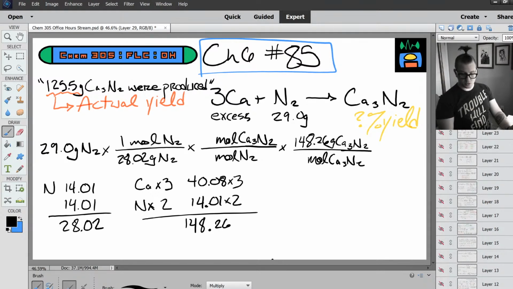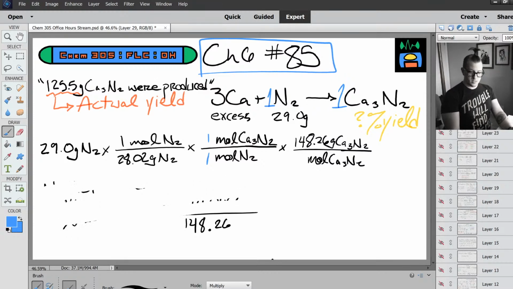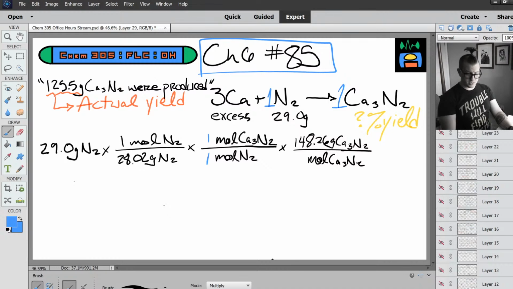In this balanced chemical equation, 1 mole of nitrogen produces 1 mole of calcium nitride, so this is a 1-to-1 ratio. So now we're ready to calculate our theoretical yield.